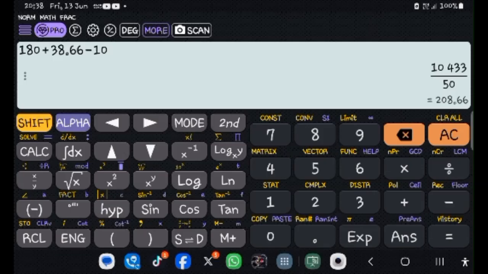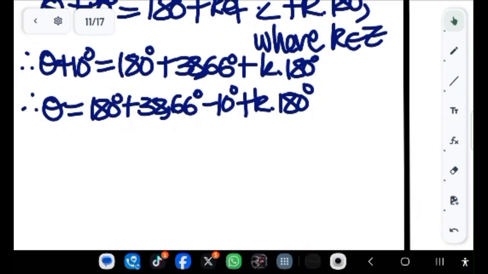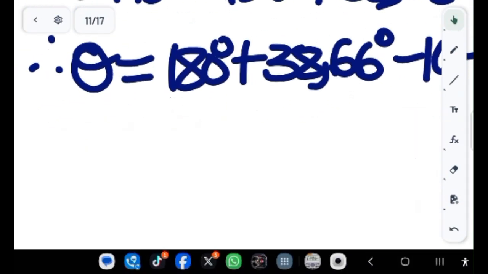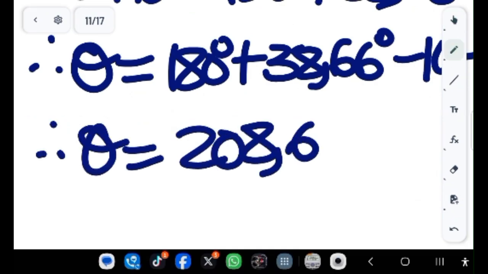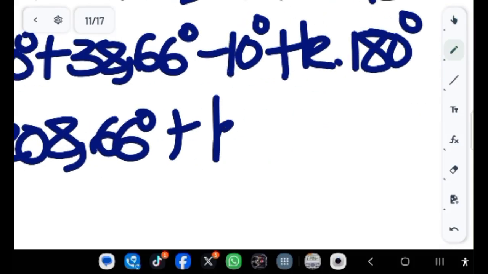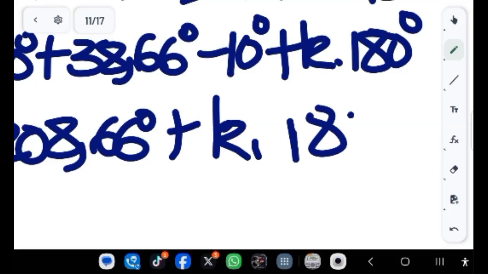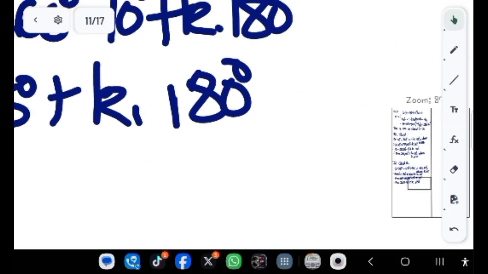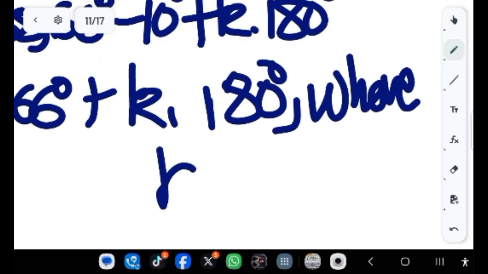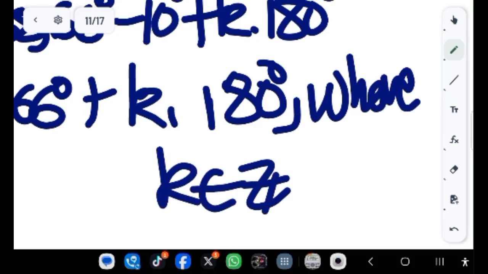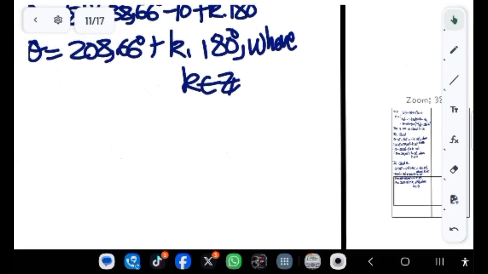That leaves us with 208.66. Therefore, theta equals 208.66 plus k times 180 degrees, where k is an element of integers. You get marks for this, so don't forget it.